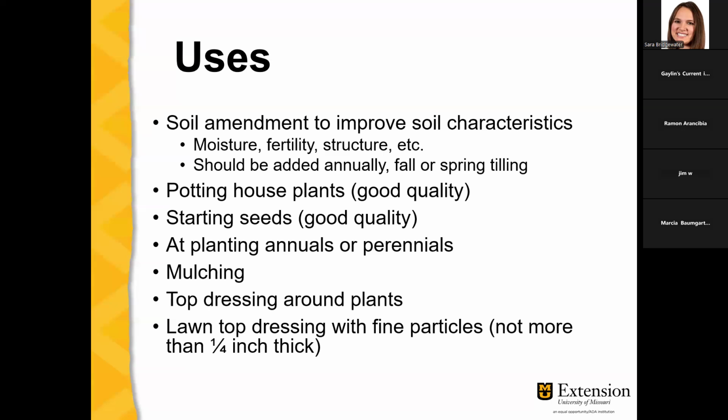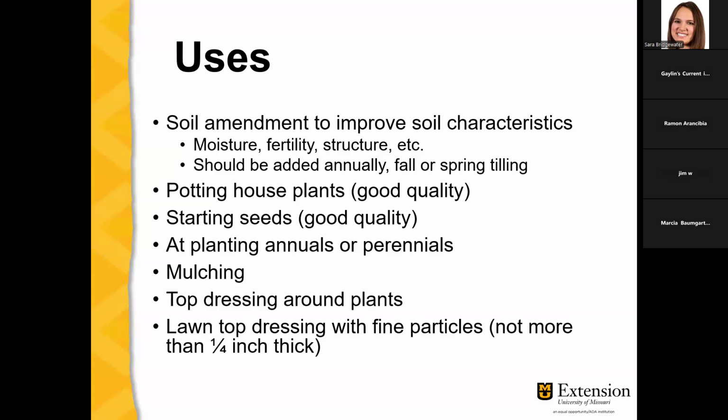But if you use it for starting seeds in a tray, you do want to use the fine material, and sometimes it's recommended to mix it with perlite to avoid compaction and excess water. If you mix it with perlite, it would improve the quality. When you buy seedling material, soilless media, in the store, usually it comes with perlite that helps aeration and keeps it from accumulating too much water.